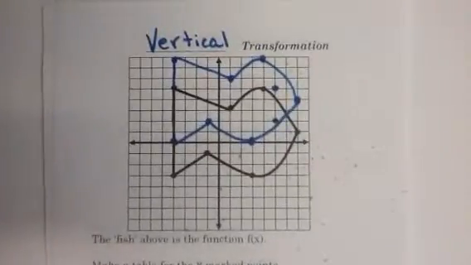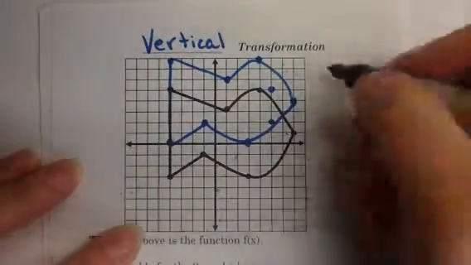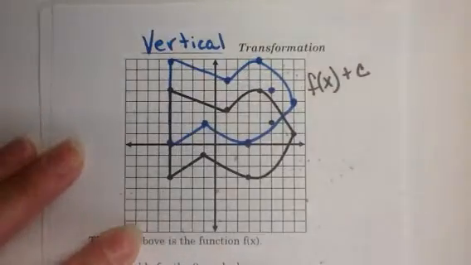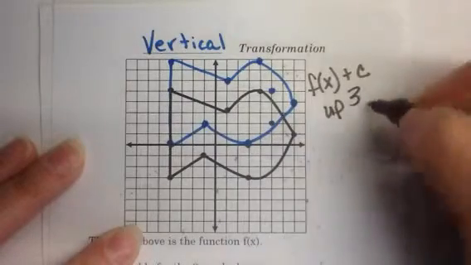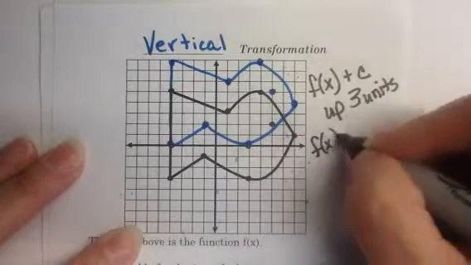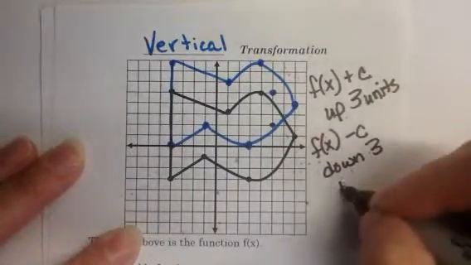And then when we graphed it, the whole fish went up 3 units. So if you have a function and you have a constant number added to it, the original is going to go up 3 units. If you have a constant subtracted, it's going to go down 3 units.